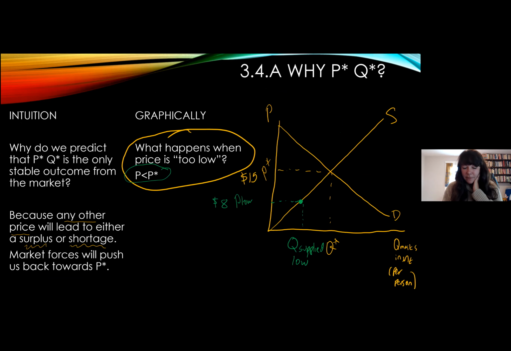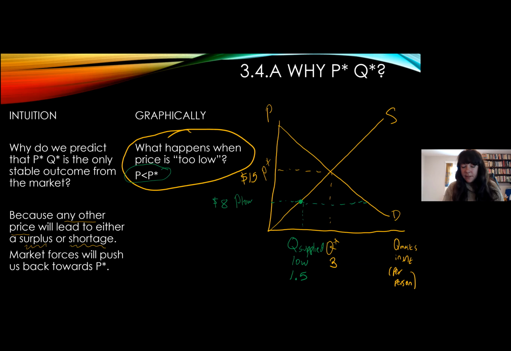So the equilibrium quantity is for everyone to have 3 masks. At a price of $8, suppliers will only be willing to produce 1.5 masks per person. That looks roughly to scale to me, right? They are rational, so if the price is lower, they're going to produce less. There's not very many masks on the market at a price that's too low.